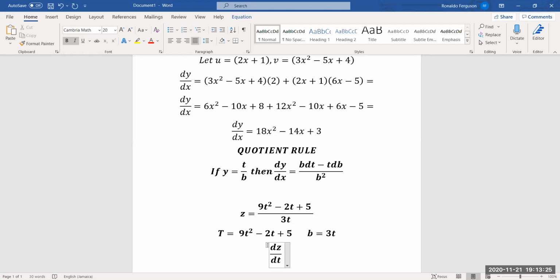Now dz by dt is equal to, you start with the bottom. So the bottom is 3t times the differential of the top. What's the differential of the top? 18t minus 2. Yes.